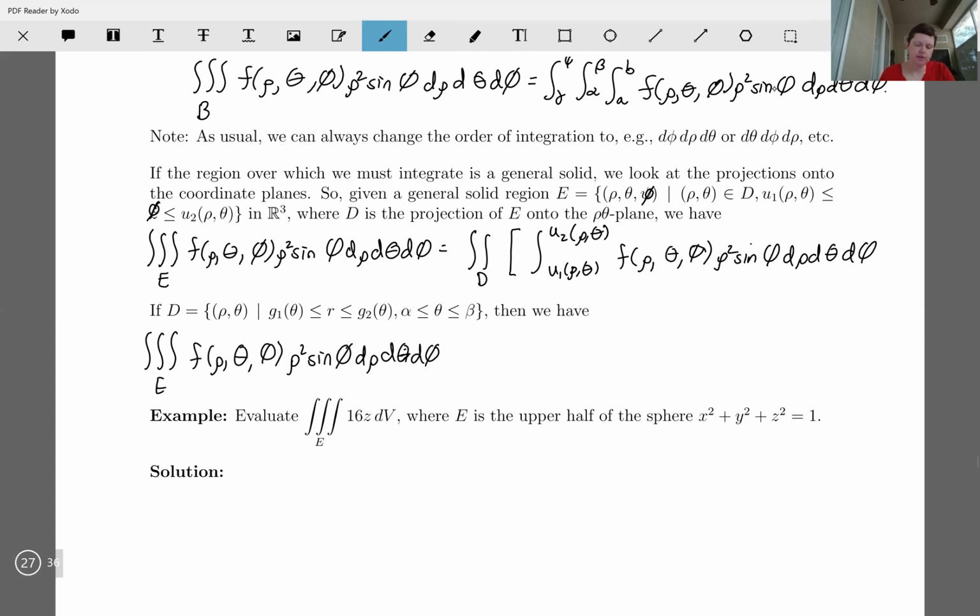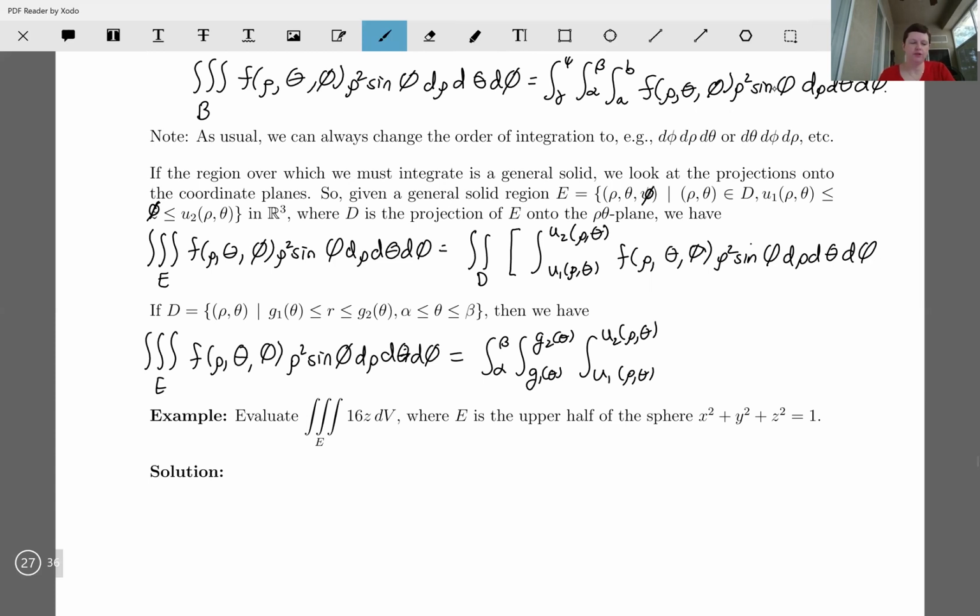That integral is going to be equal to the integral from alpha to beta, the integral g1 of theta to g2 of theta, the integral from u1 of rho theta to u2 of rho theta, not times, sorry.